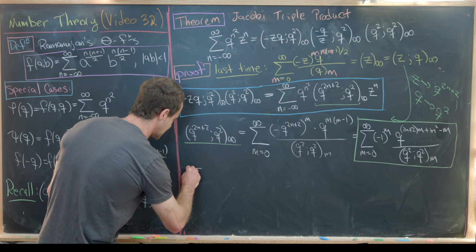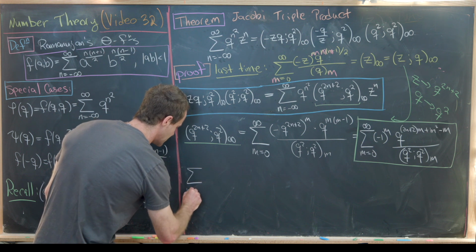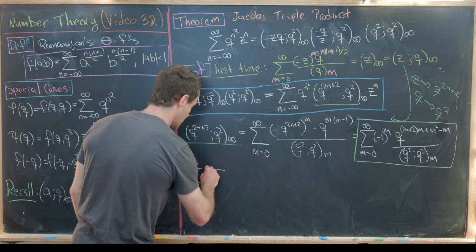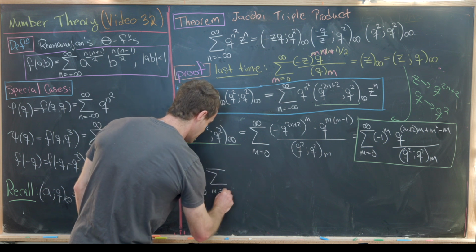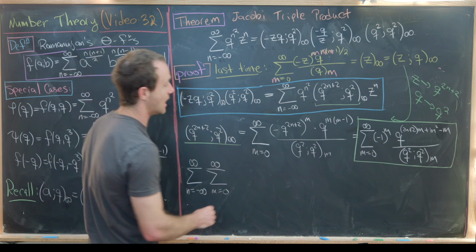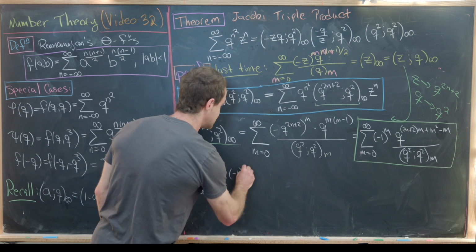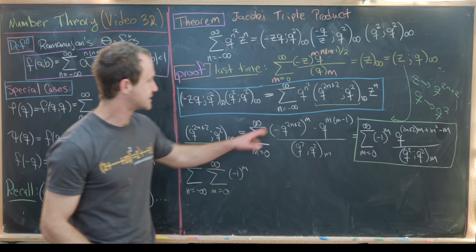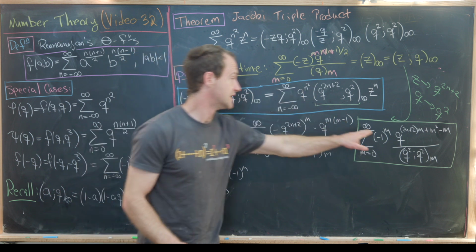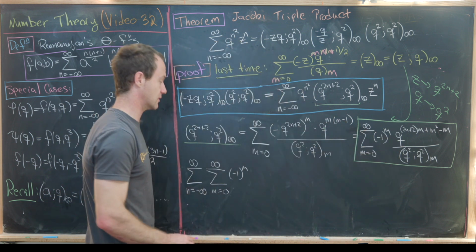So let's see, that's going to give us this sum as n goes from minus infinity to infinity of the sum as m goes from 0 up to infinity of minus 1 to the m. And now I can start putting these things together. So notice I have a q to the n squared times that power of q.